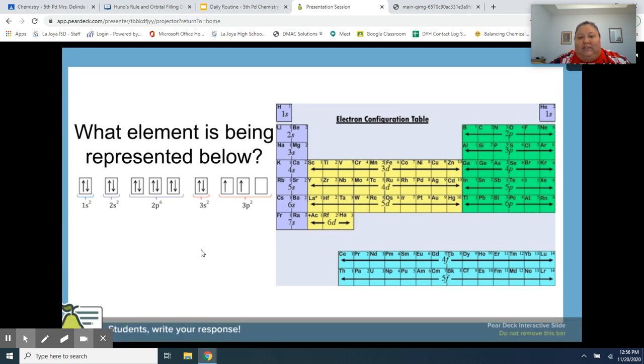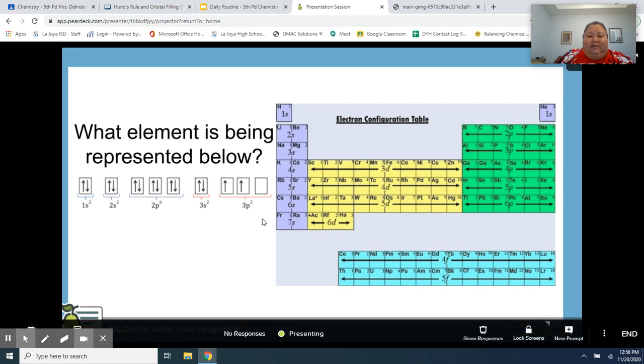Does anybody see it? What element is in 3p2? What element will I find 3p2 in?